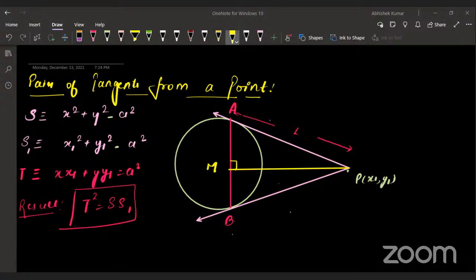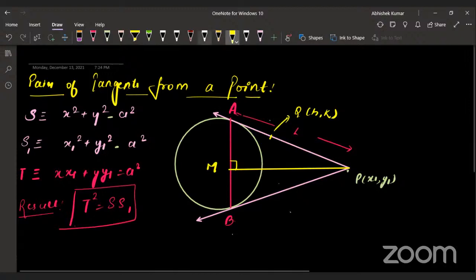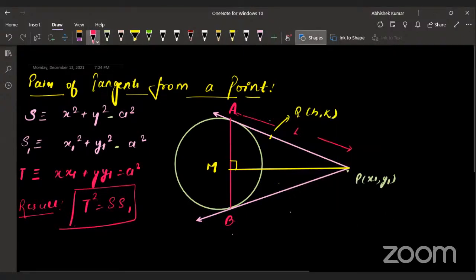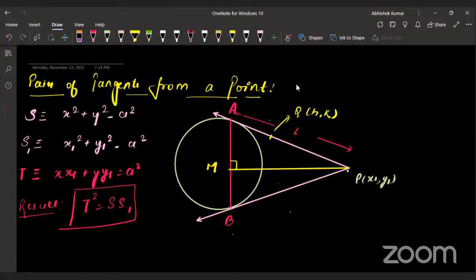All right. Now what should we do here? Let us do one more thing. Let us take any arbitrary point on these tangents that we are drawing. Let's say the point is Q here, having coordinates h comma k. Any arbitrary point on the tangent whose equation we are calculating. From that point also, you draw a line perpendicular to this and parallel to PM, like this.